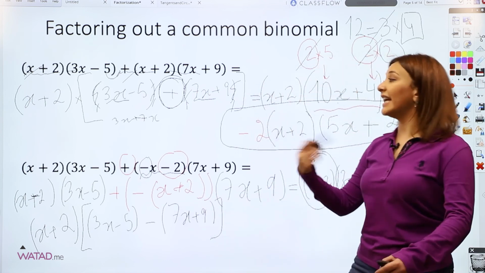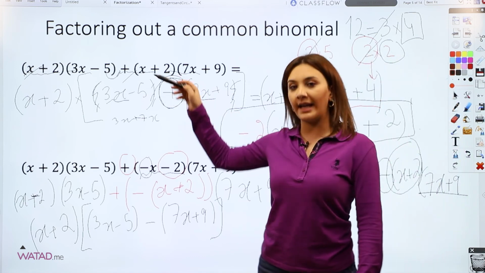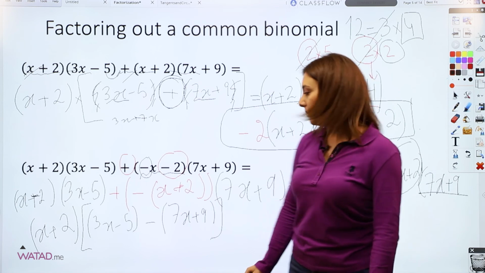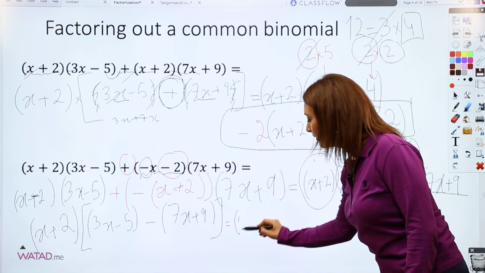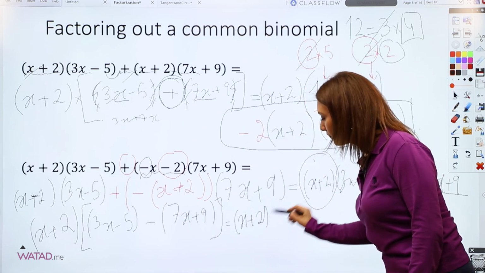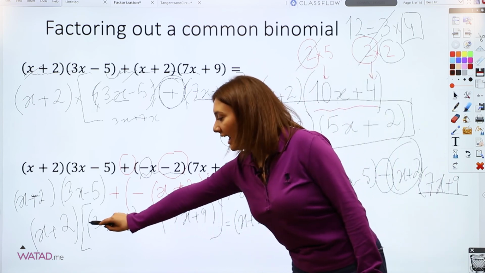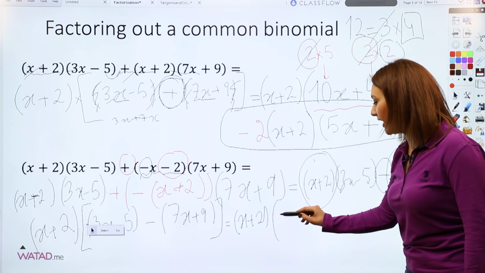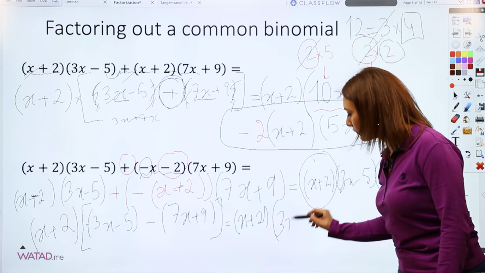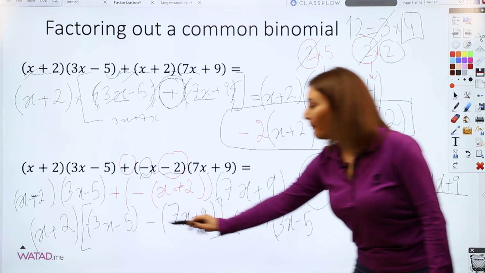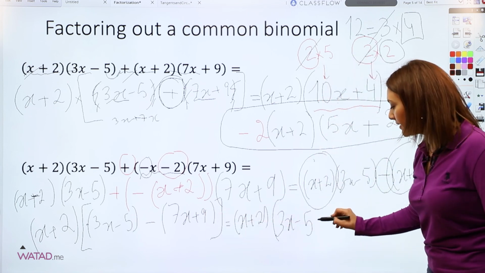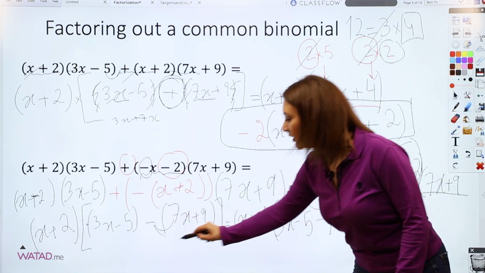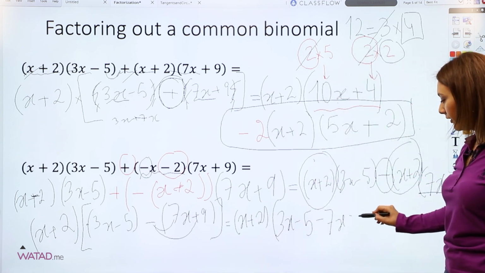This time, I cannot directly remove the parentheses. I should respect the sign table, because now I have x plus 2 into. I have a positive sign outside the parentheses, no problem. So this is 3x minus 5. But now, minus into 7x, this is minus 7x. Minus into plus 9, this is negative 9.